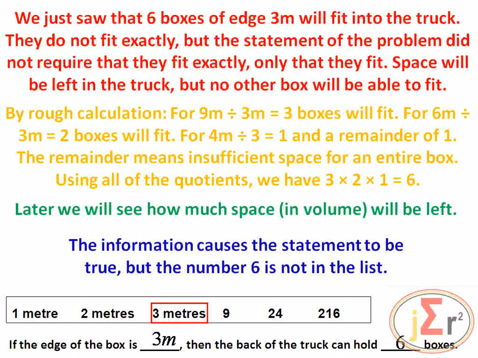The information causes the statement to be true, but the number 6 is not in the list. So there is where it fails for the box of edge 3 meters. The number of boxes that can actually fit is not in the list.